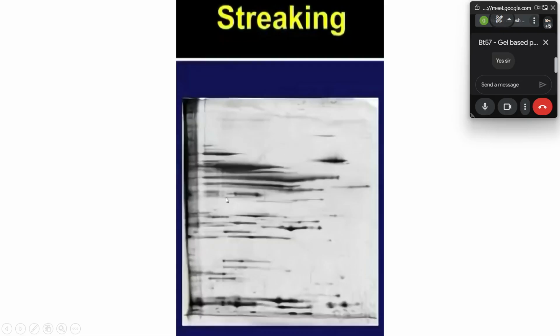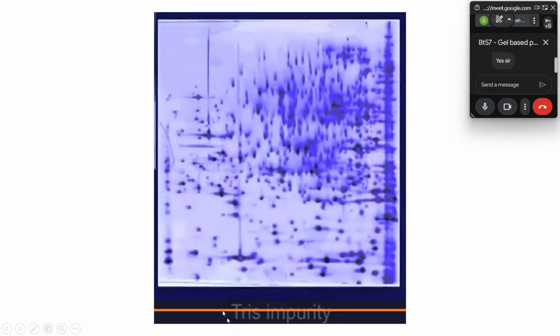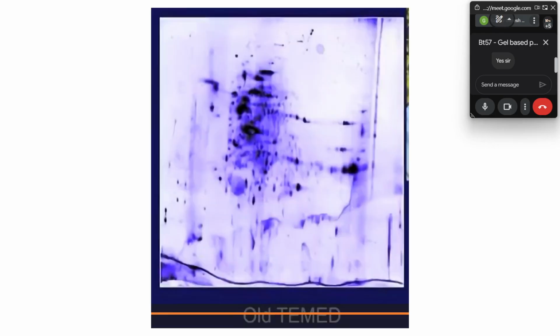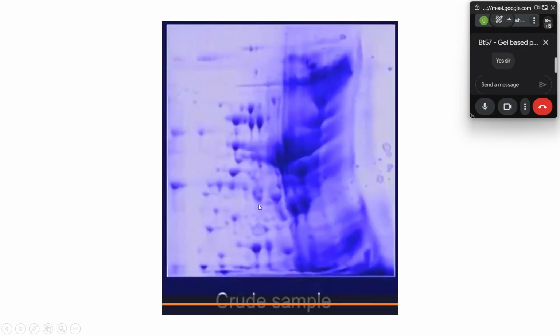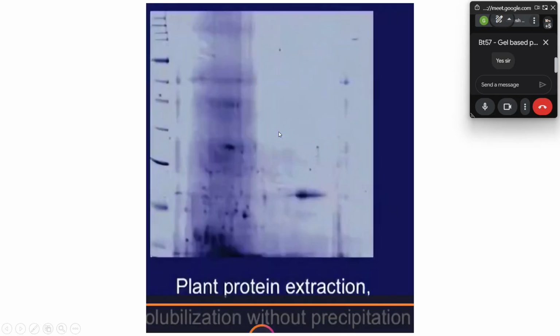Sometimes you get a protein gel like this. This might be because of trace impurities; you will get streaking like this. The buffer has some impurities, making your gel look like this. If you have used old urea while making the SDS gel, it might look like this. If you have used a crude sample itself, and have not fractionated it or removed the highly abundant proteins, a protein gel might look like this.